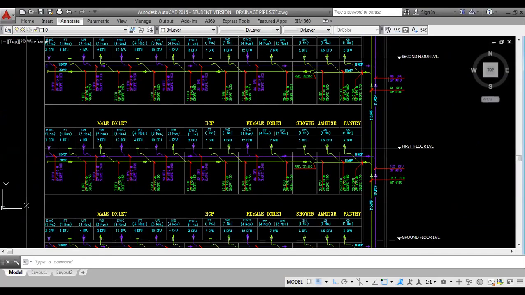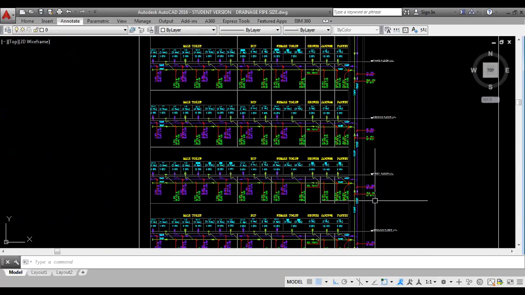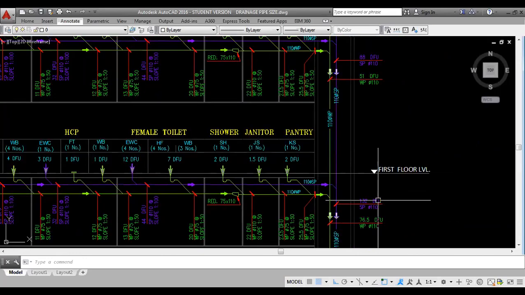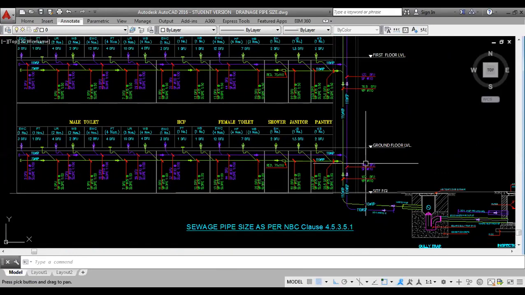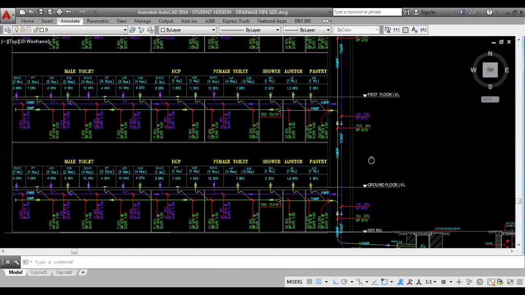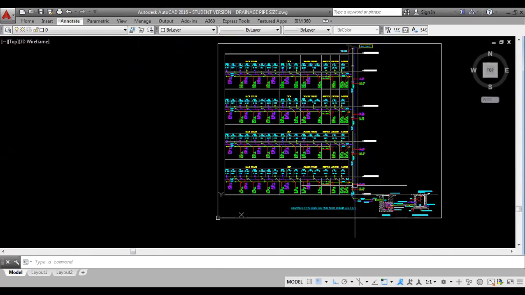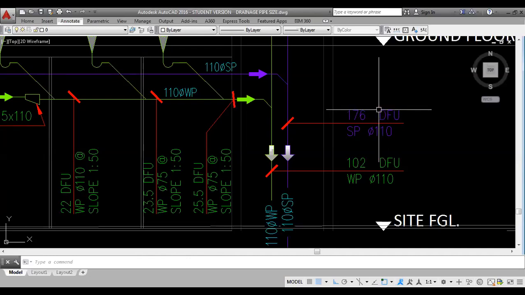If you go to the third level, 3 into 44, so 132 fixture units we are connecting here. After that 178 drainage fixture units we are connecting. So for the 4 branch intervals, 176 fixture units we have here.